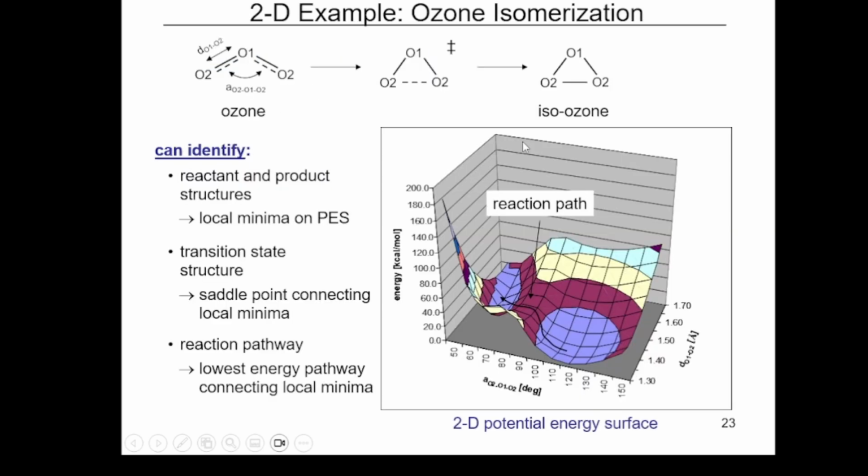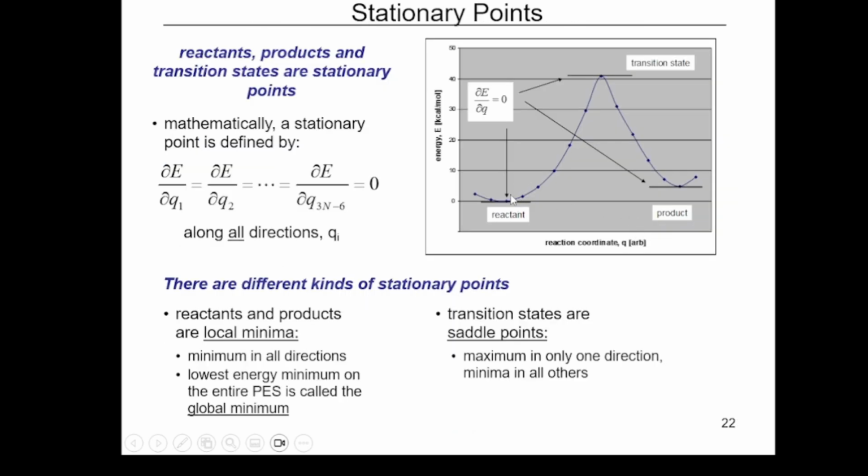And you can see here, if you start looking at this reactant, or product, if you start moving from this reactant, you have to go uphill. You have to go uphill in any direction, starting from the reactant or even from the product for these minima. If you start moving from here, you have no other option except to go uphill, no matter whichever direction you move.